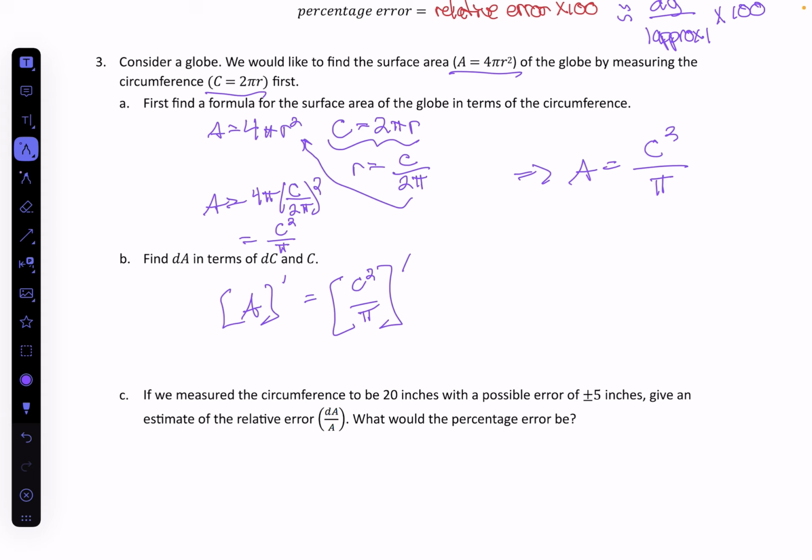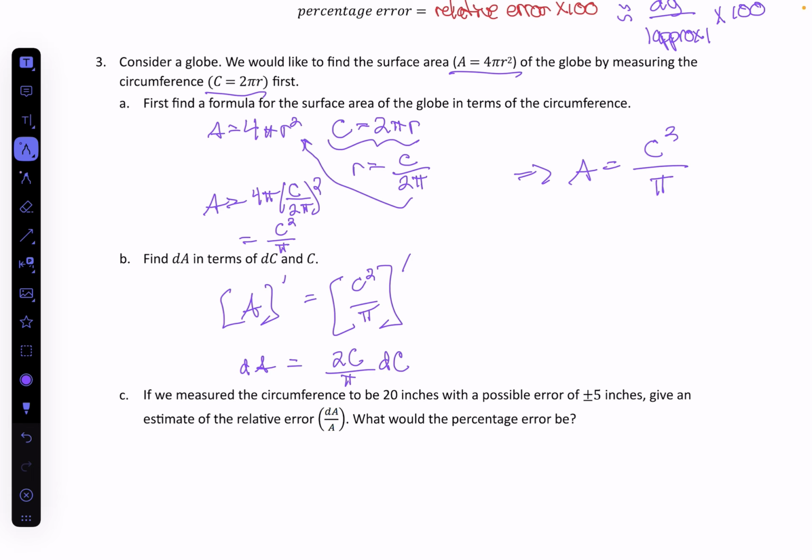So the derivative of A, we're just going to write as dA, and the derivative of c, and we're doing this with respect to the variables that are on each side. So we will have 2c over pi. But this is basically like implicit differentiation, so we need to multiply by the derivative of c then. So that will be a dc.